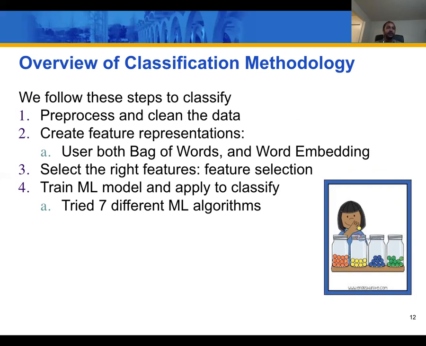And later we train ML models on this dataset, and apply the model to classify the 97K repositories that we have collected in the previous step. For this, we tried 7 different ML algorithms that we will see in the results section.